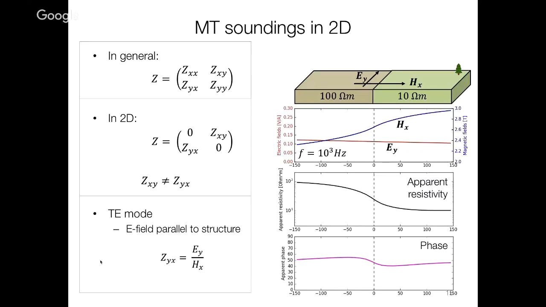Anything else that might happen? Do you think it's going to be like a smooth gradation? What's going to happen? Because of the resistivity contrast and the current, the electric field will encounter that contrast interface, and there will be charges built up.